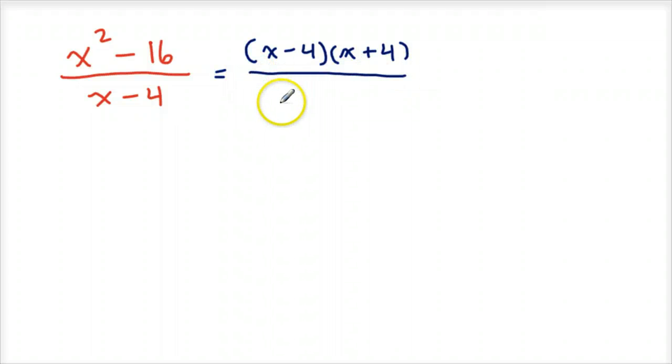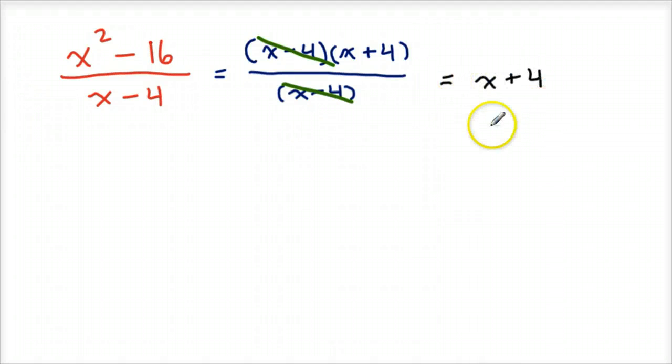And that's all over x minus 4. I'm thinking of that denominator as a whole quantity. So then I will cancel the x minus 4 and the x minus 4. And then I'm left with the x plus 4 as my simplified fraction. You can think of that as x plus 4 over 1.